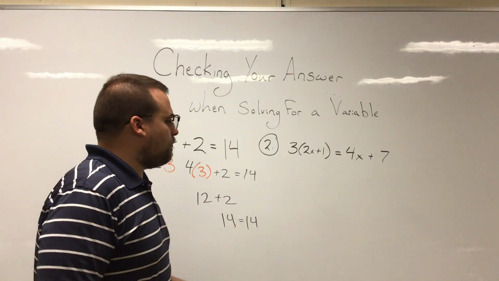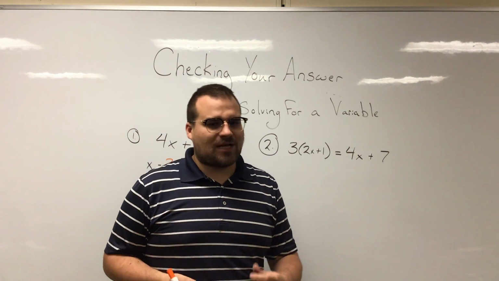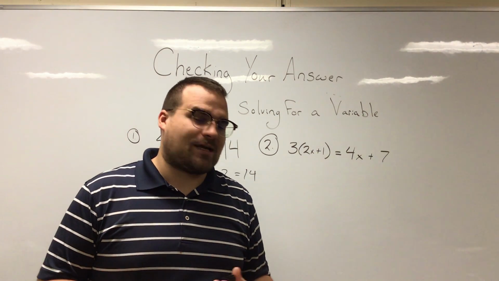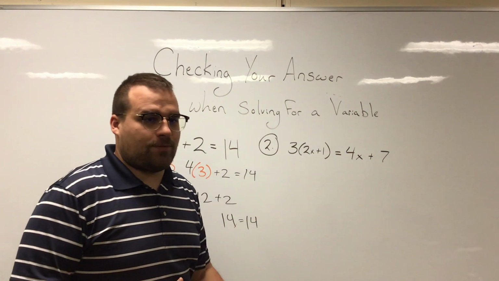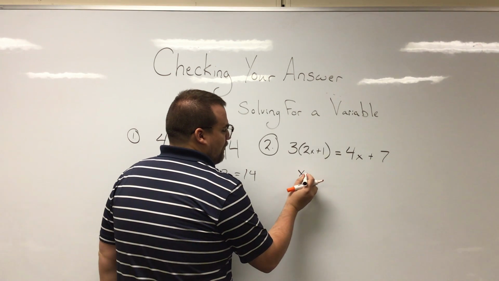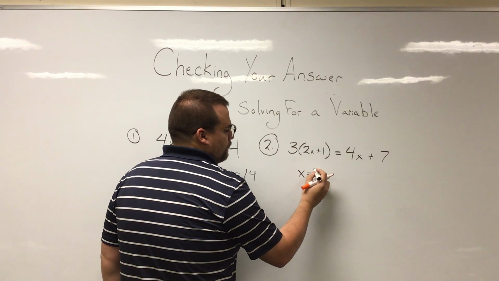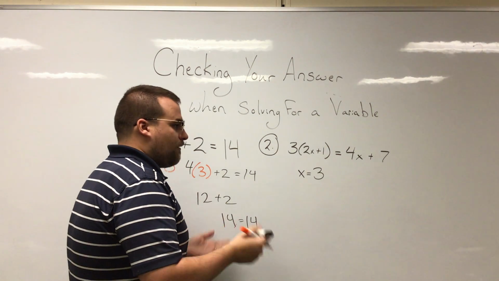Now let's take a look at a problem like number 2 I have up here as well, because it can sometimes be a little bit more difficult knowing what exactly I am looking for to check that work when I have variables on both sides. Let's say here we ended up with x equals 3. We can start this off the same way.